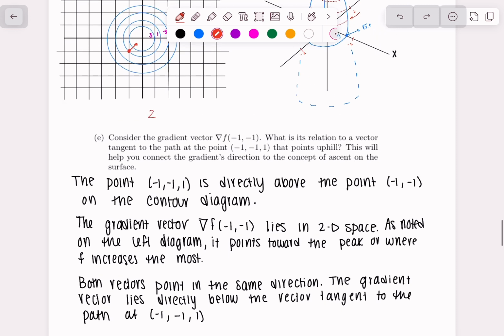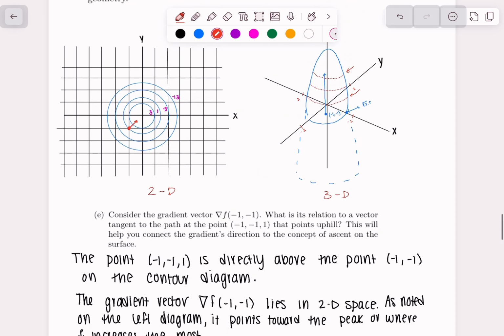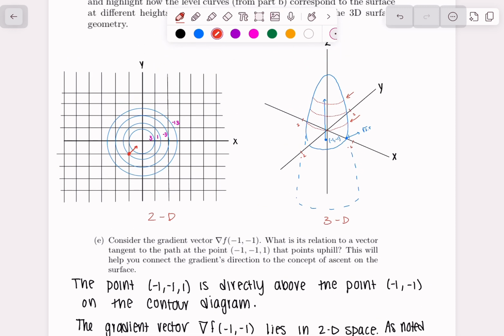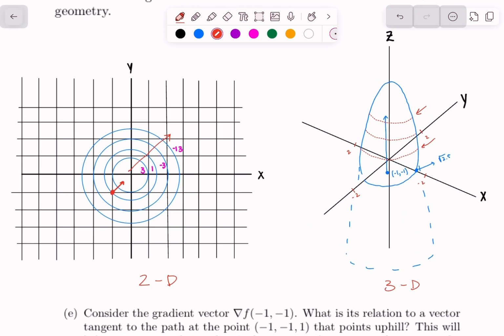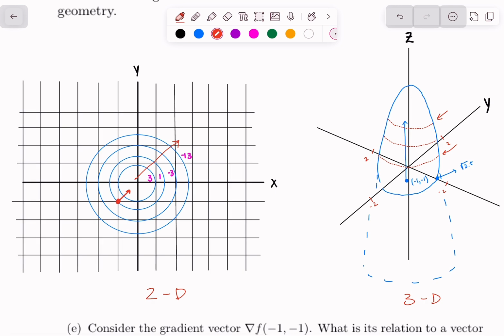So the lines on the contour diagram are our z, and we see that as we get further or have greater x values and greater y values, when we're looking in the positive direction for both, our z or our output is getting smaller. So we see that the z is going to get more negative as we move further away.